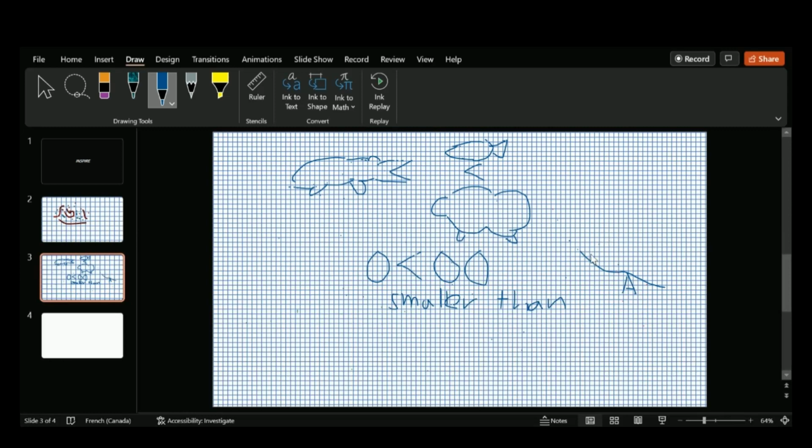The heavier something is, the lower it is, and the lighter something is, the higher it is.